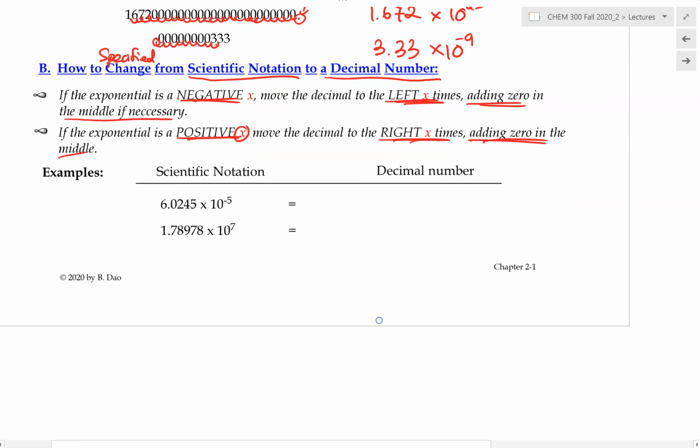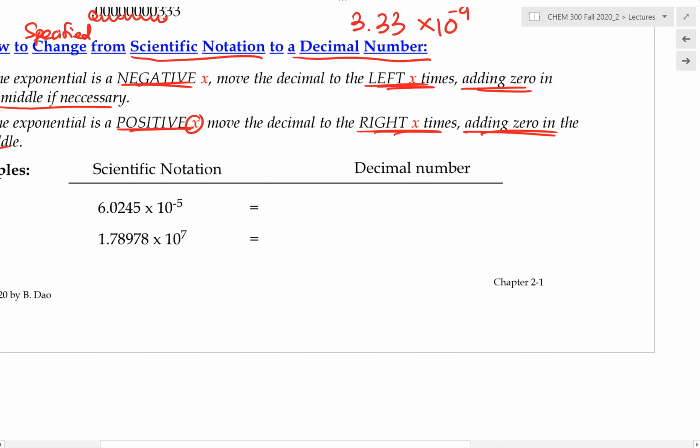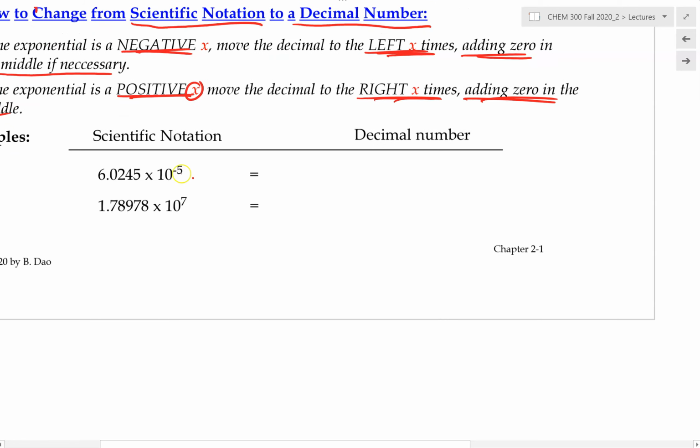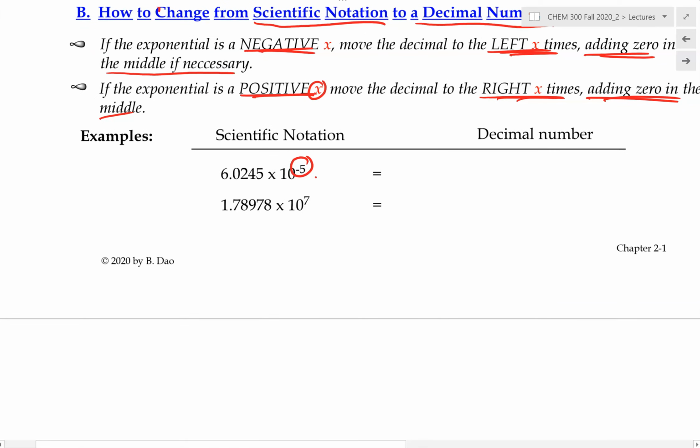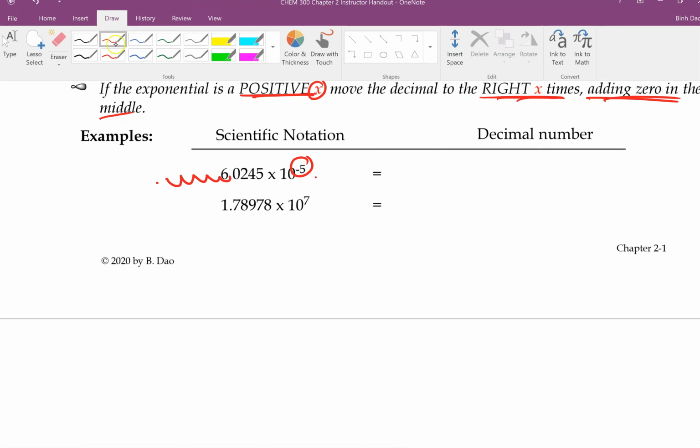For an example, given this value right here, this scientific notation, let's now convert this into a decimal number. So in this case right here, we will see that the exponent is a negative value, negative 5. So we have to move our decimal to the left 5 times. So moving it 1, 2, 3, 4, 5. And now put in that decimal. And now we have to add 0 in the middle.